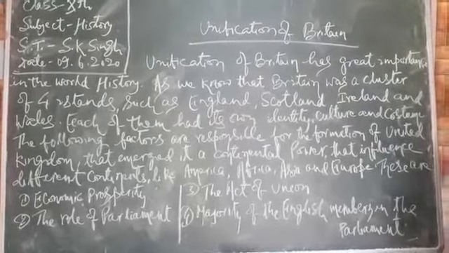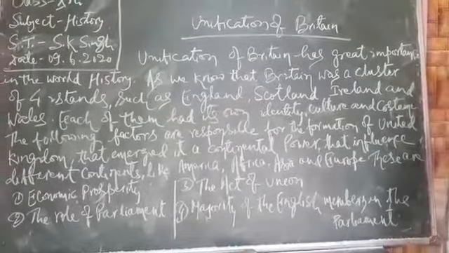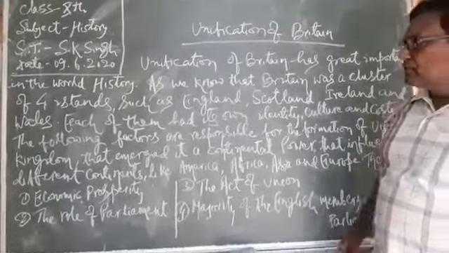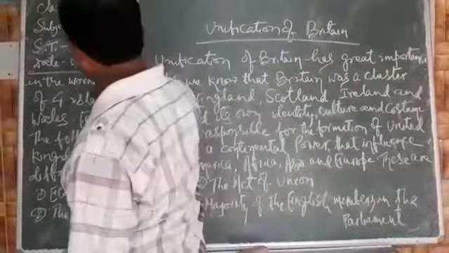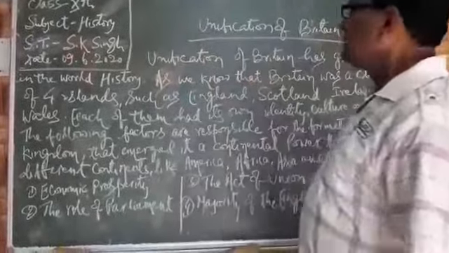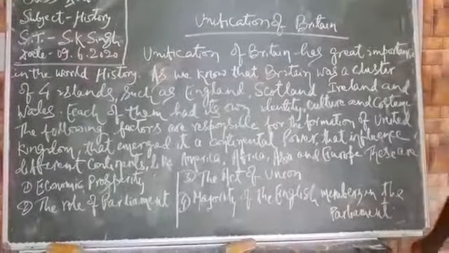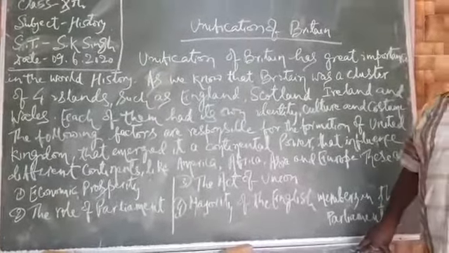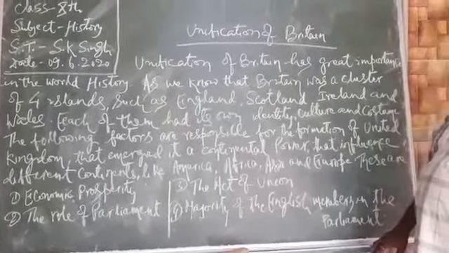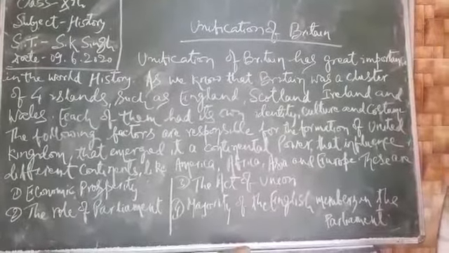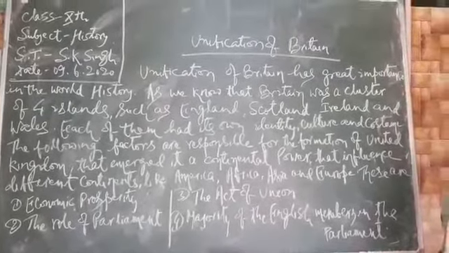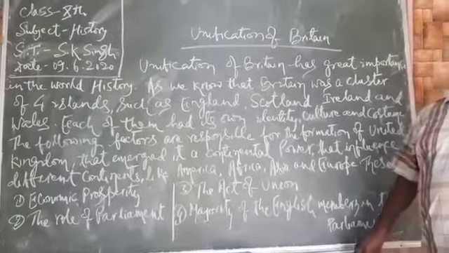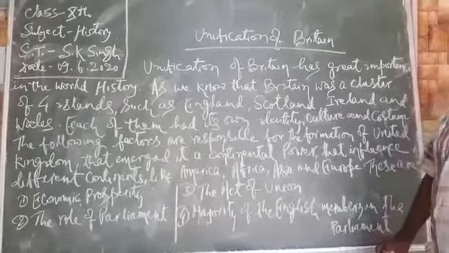And as we know, Britain was a cluster of four islands, such as England, Scotland, Ireland and Wales. So the Prince of England is also known as Prince of Wales.